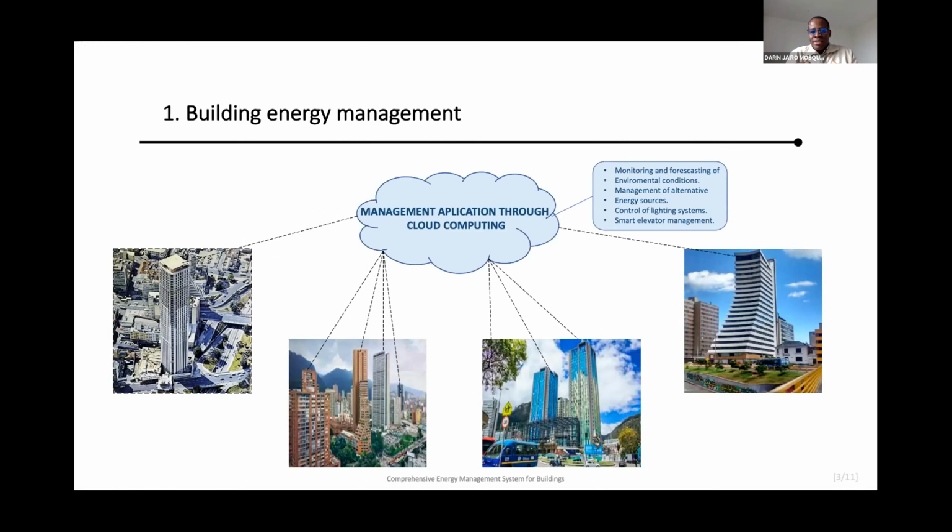In this case, the application has been developed for Bogotá, Colombia, but it can adapt to other cities and countries. The application allows the management of alternative energy sources for buildings.